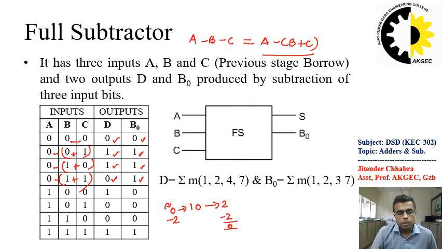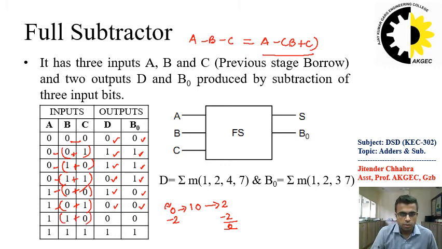Okay. So now proceeding further, 1 minus 0 plus 0, it is very simple. It will remain 1, borrow will be 0. And similarly 1 minus 0 plus 1, that means 1 minus 1 effectively. So difference is 0 and borrow is also 0. And then 1 minus 1 plus 0.